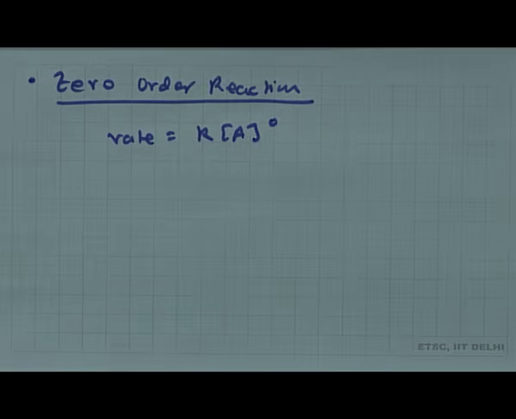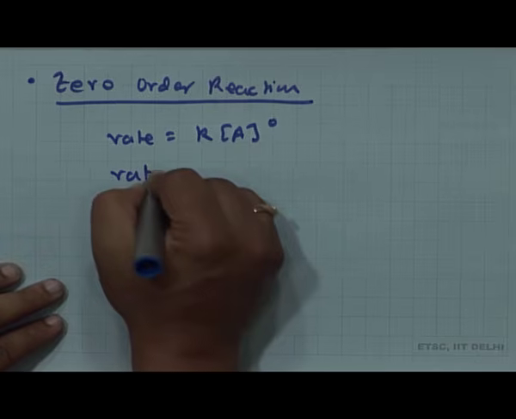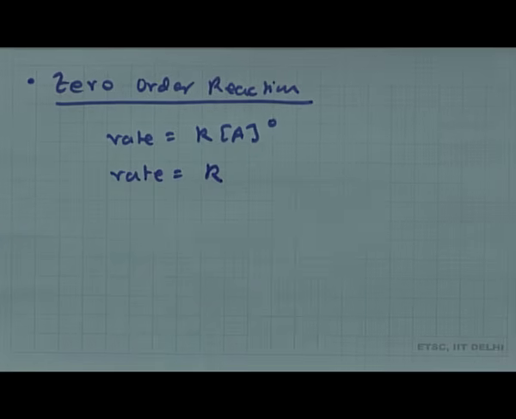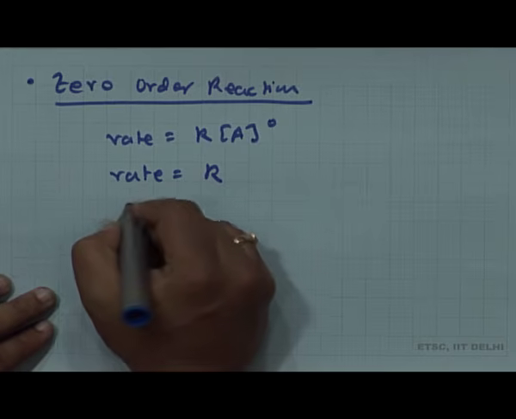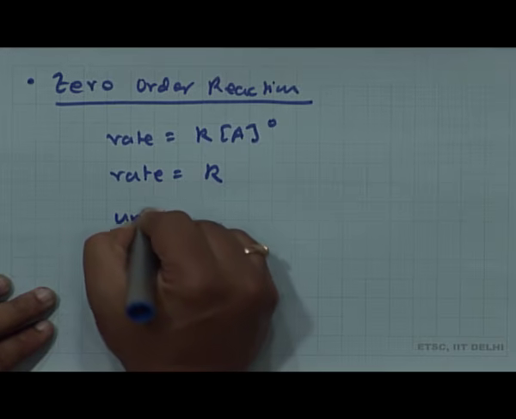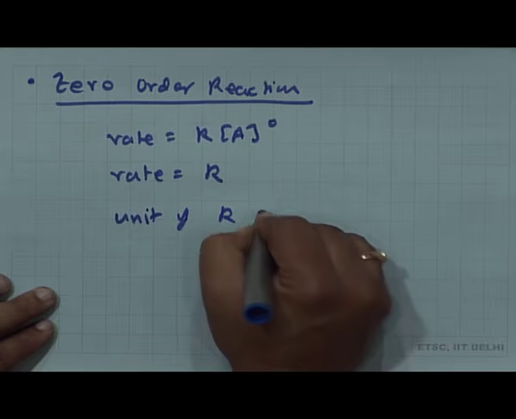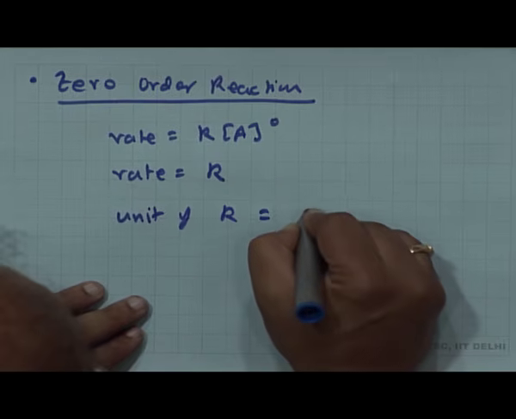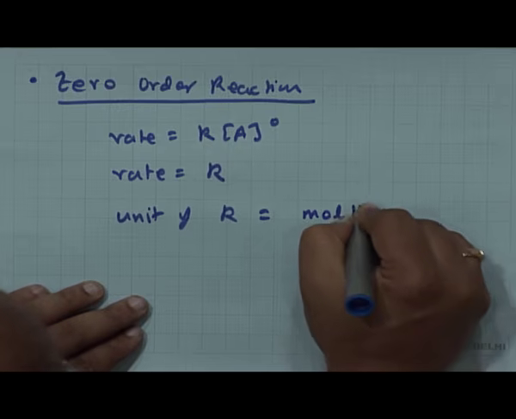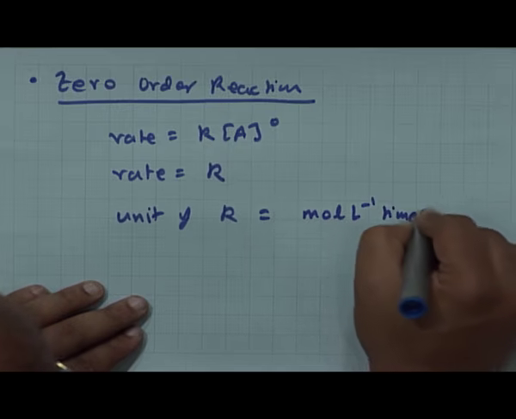Because anything raised to the power 0 is equal to 1, I can write rate is equal to K. So, what does it mean? That means the unit of rate constant is that of the unit of rate, because rate is equal to K. So, the unit of K is equal to moles liter inverse time inverse.